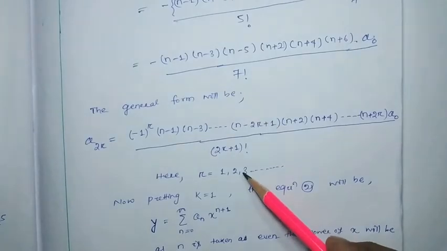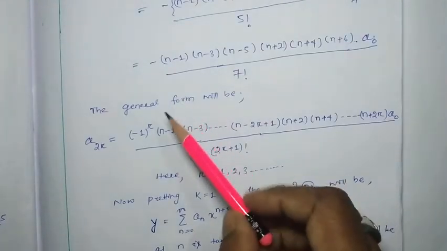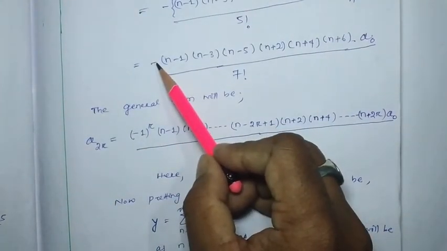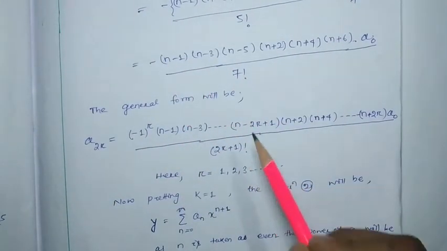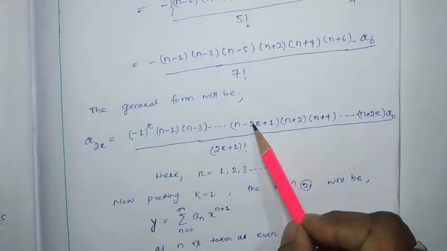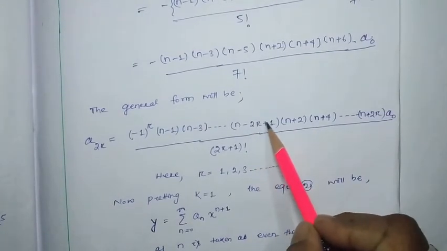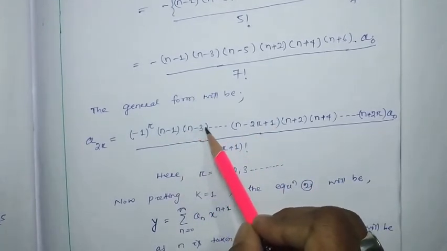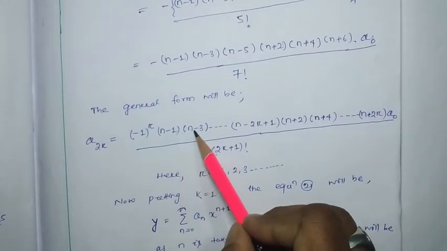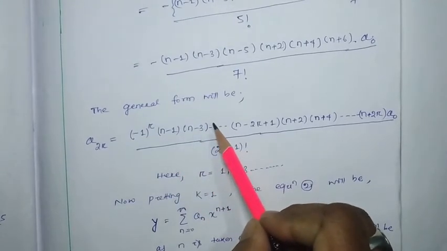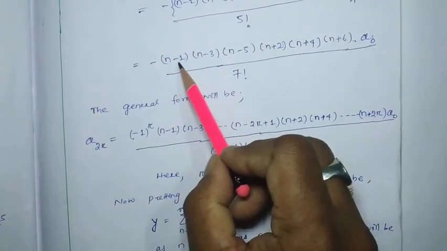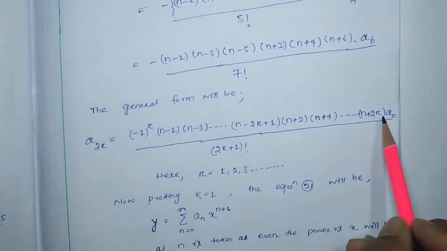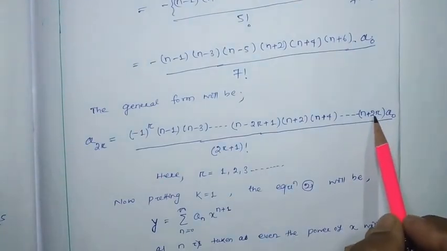Put 3, it will be minus 1 to the power 3, so minus. 3 means 2 into 3, 6 plus 1, that is 7, and the n terms continue up to n minus 5: n minus 1, n minus 3, n minus 5. Correct. Now put r equal to 3, so it will be n plus 6.